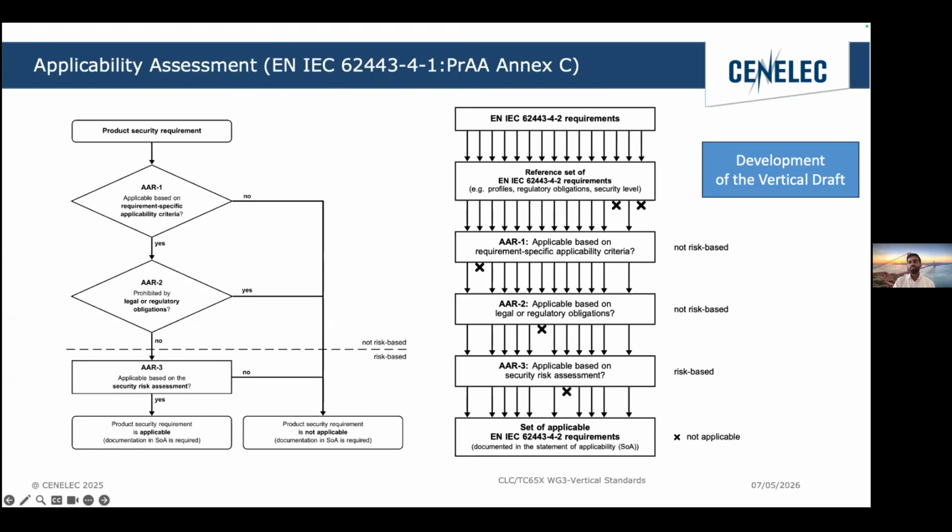Based on this risk assessment, I don't need these requirements because they are already managed by the environment. For example, if there is a controlled environment, I don't need this requirement anymore. And then you come up with the set of applicable requirements. This is done as part of the development of the draft.